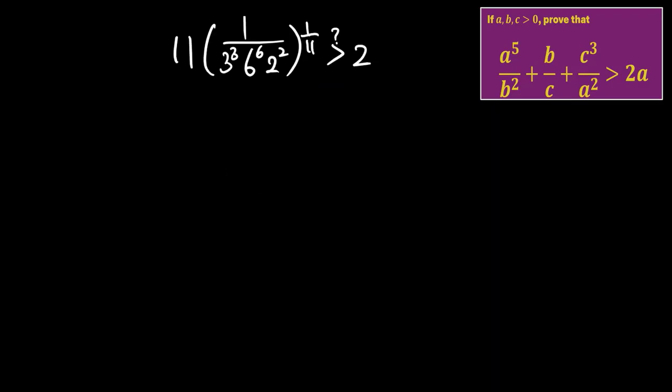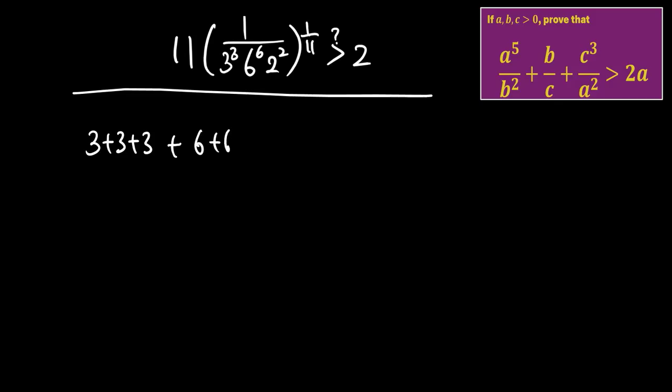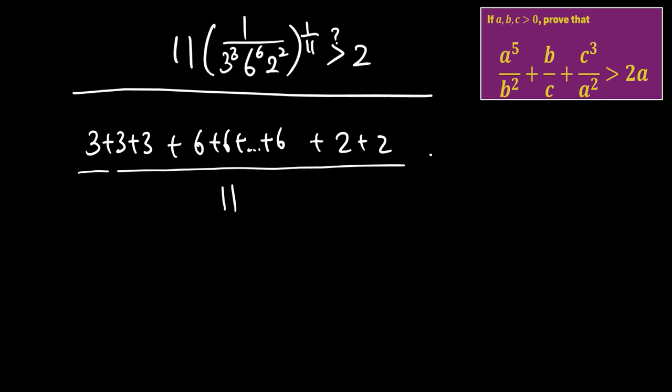Now, to show this inequality, we use the AM-GM inequality again on these numbers: 3 three times, 6 six times, and 2 twice. So over 11, this will be greater than 3 to the power of 3, 6 to the power of 6, 2 to the power of 2, to the power of 1 over 11.